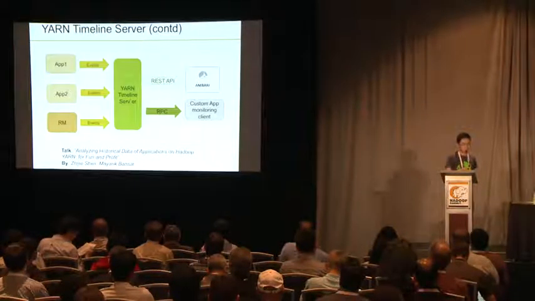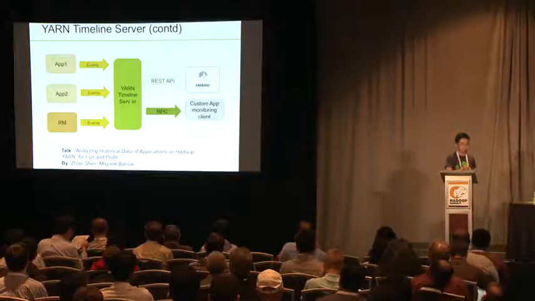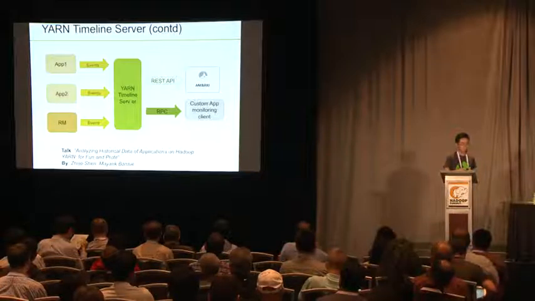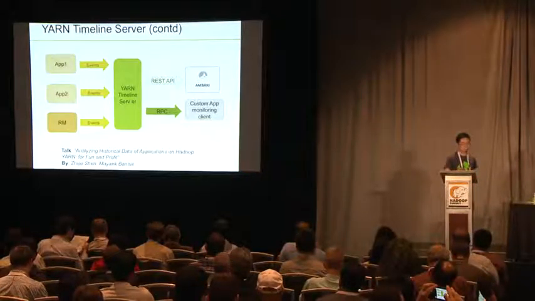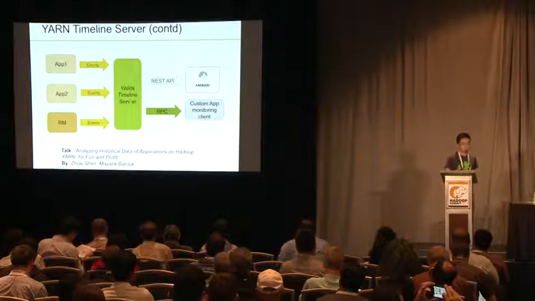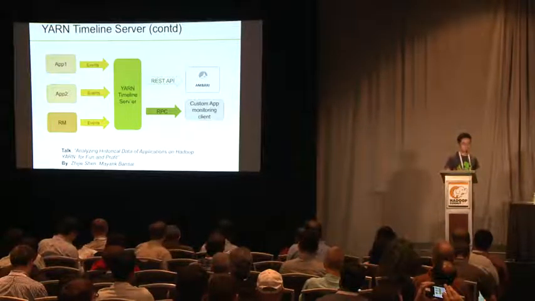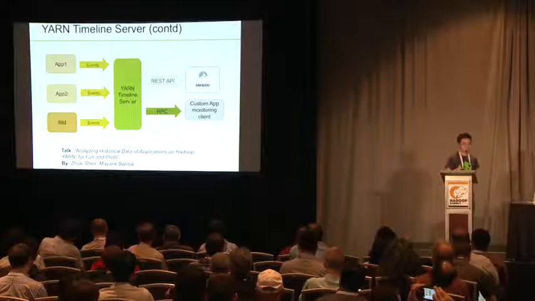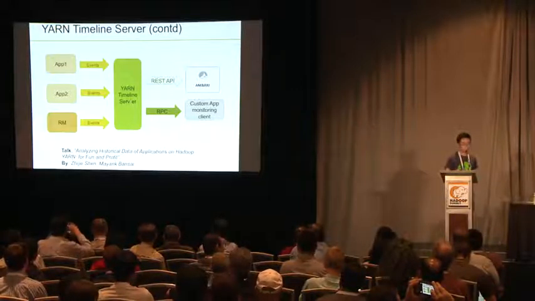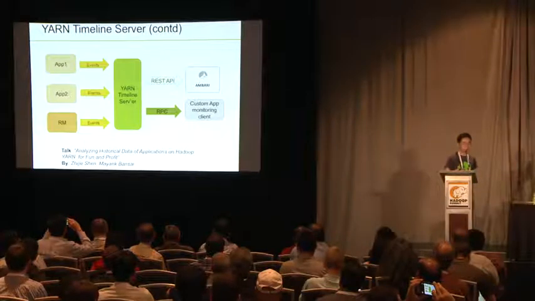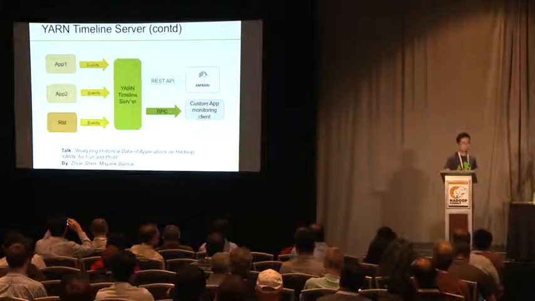This is the basic workflow of how this whole thing works. So we have two apps and the resource manager, which periodically publish these events to the timeline server. And on the right hand side, the client can build its own app monitoring tool. Ambari is an open source project which is used for managing and monitoring Hadoop clusters.